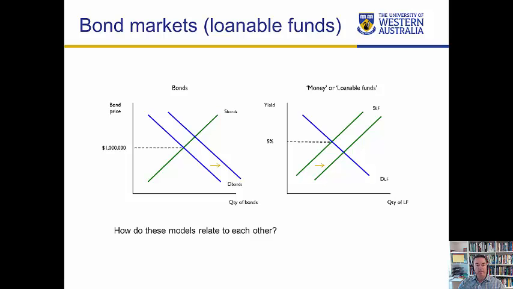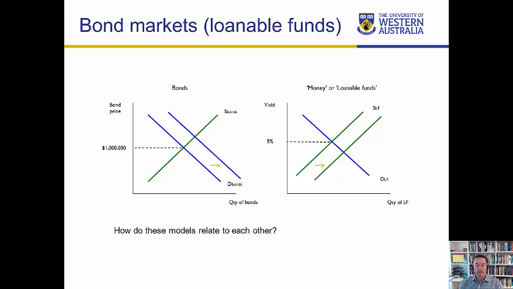Now, when that fund manager takes a certain amount of money, and we're generally talking about large amounts of money here, into the bond market, that person is simultaneously increasing the demand for bonds, but increasing the supply of loanable funds as well.